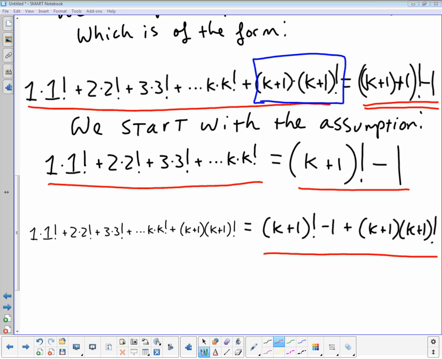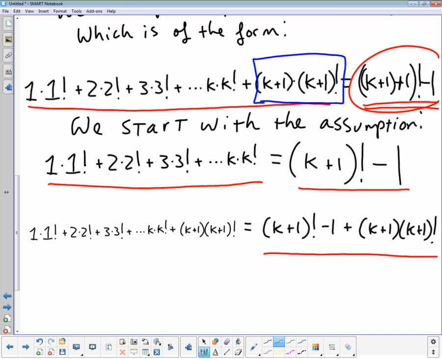So we have to think to ourselves for a minute, what exactly am I looking at? If this is the goal, can we look at that for a second and say, okay, it's really saying k plus 2 factorial, right?